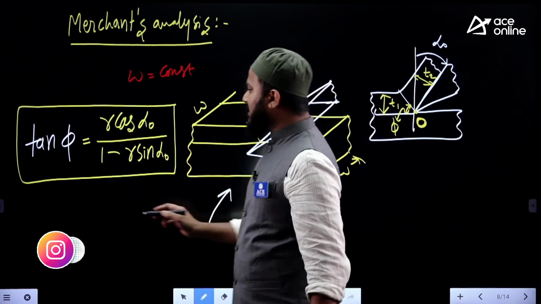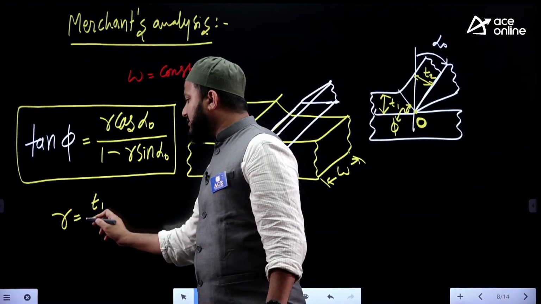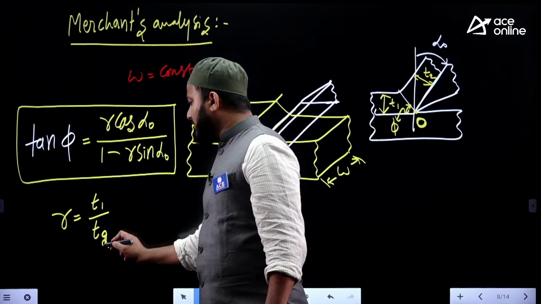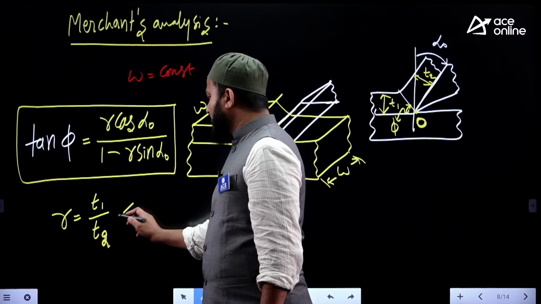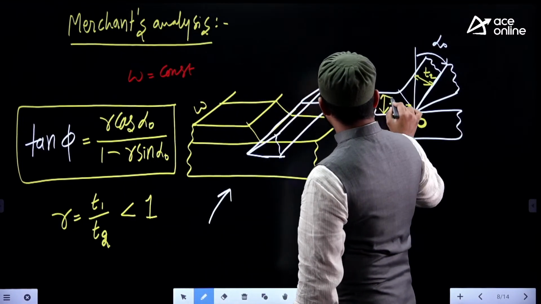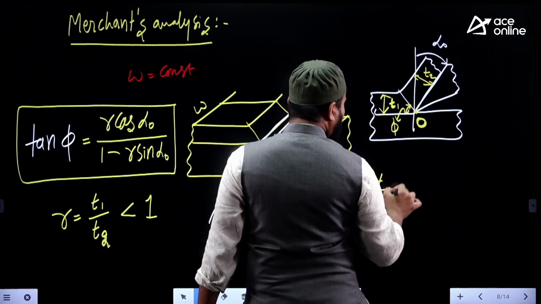Then in the first equation, the small r we are getting is always called the chip thickness ratio, T1 by T2, which we always get less than 1. It means, because of our assumptions, the T1 value, that is the uncut chip thickness, is always less than T2.